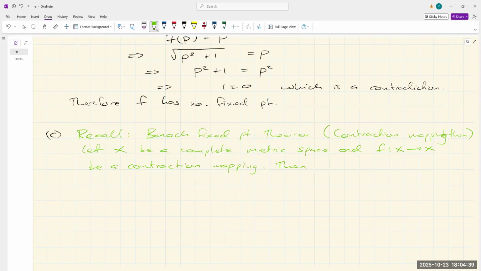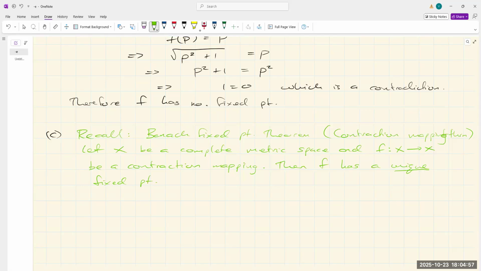Then f has a unique fixed point, so only one fixed point. So that is what the contraction mapping theorem says.